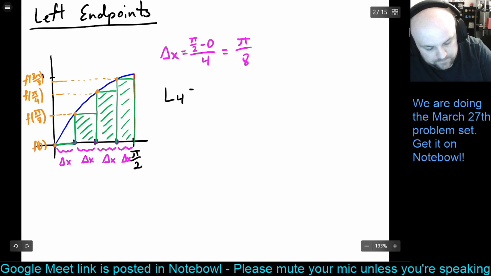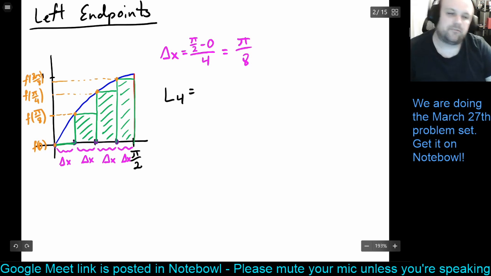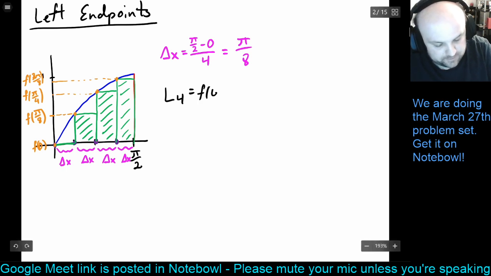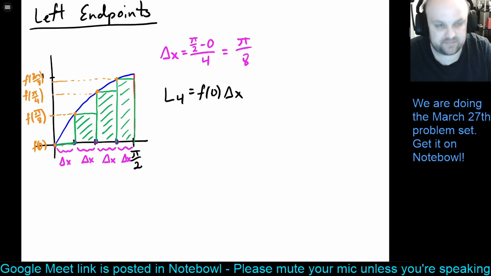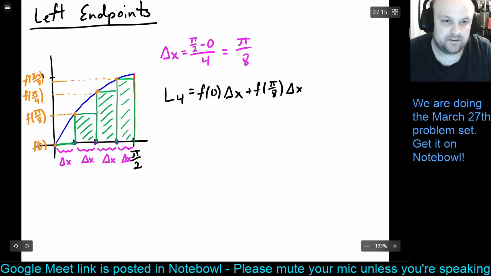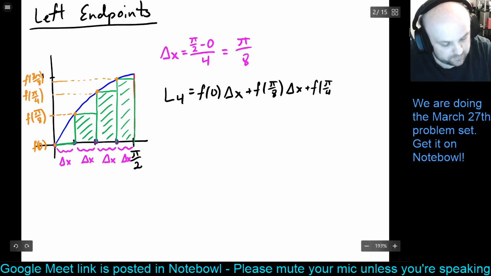So L4, maybe we'll write this out explicitly once. It's going to be f of 0 times delta x. That's the area of this flat rectangle here. Then plus f of pi over 8 times delta x, plus f of pi over 4 times delta x, plus f of 3 pi over 8 times delta x.